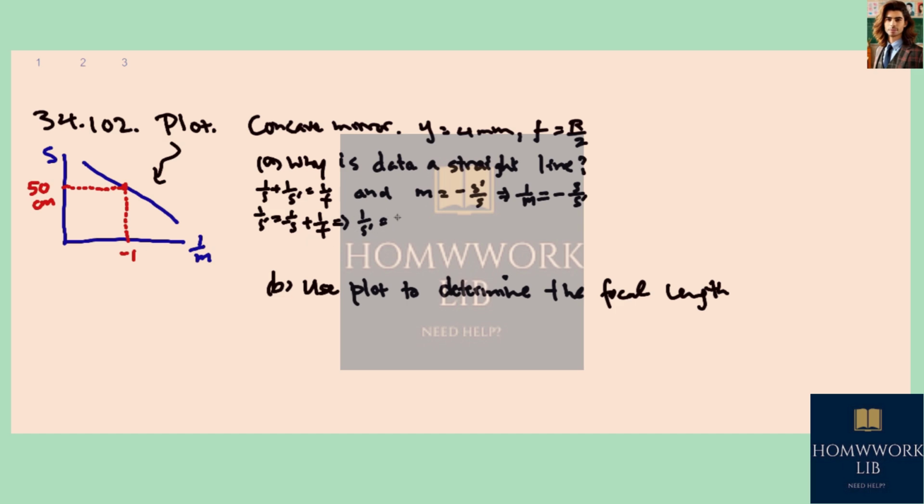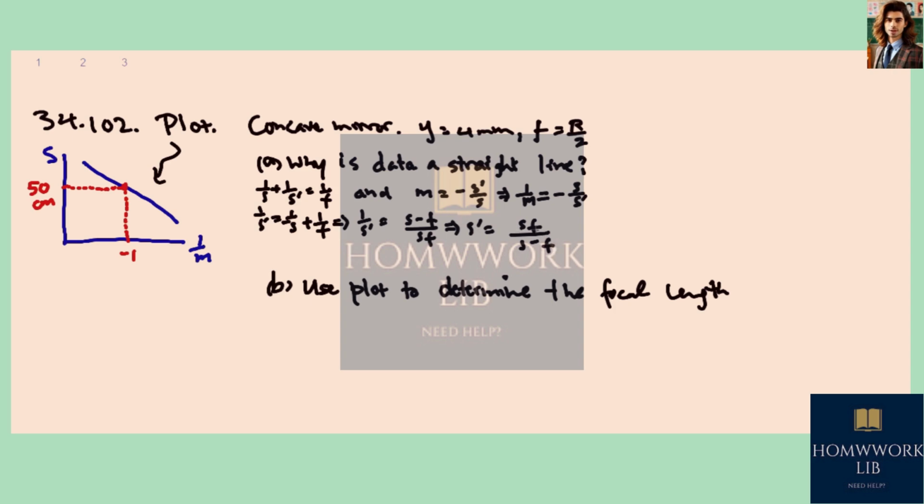So 1 over s prime is now s minus f over s times f. And then that tells me that s prime is s f over s minus f.